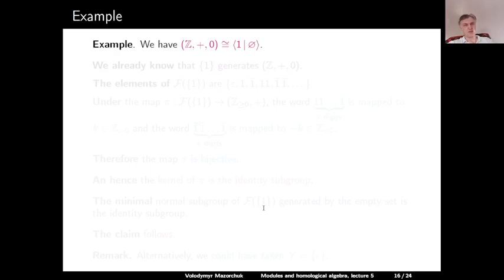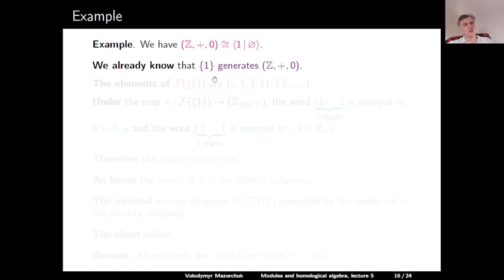For example, the additive group of all integers is given by the following finite presentation. We have one generator, which is the integer 1, and no relations, the empty set of relations.